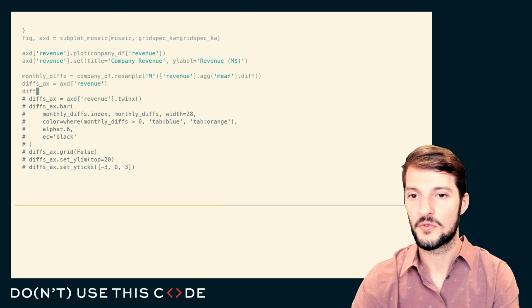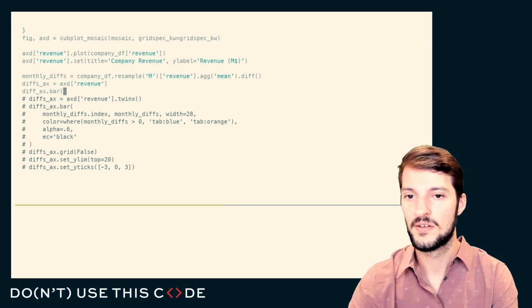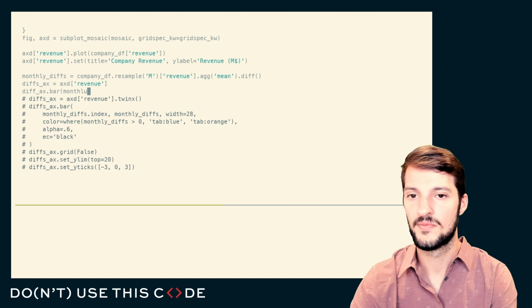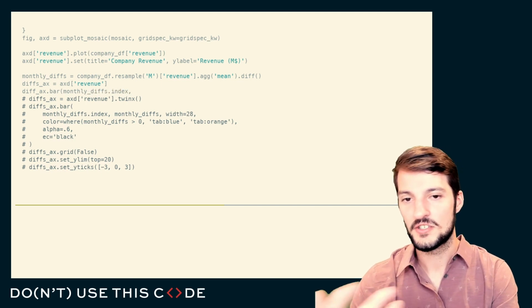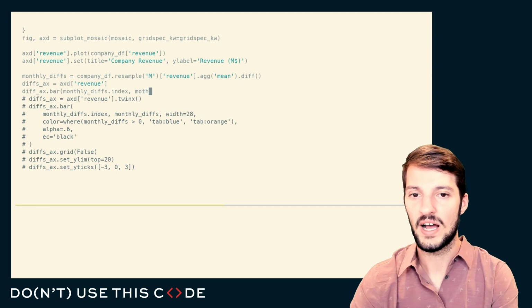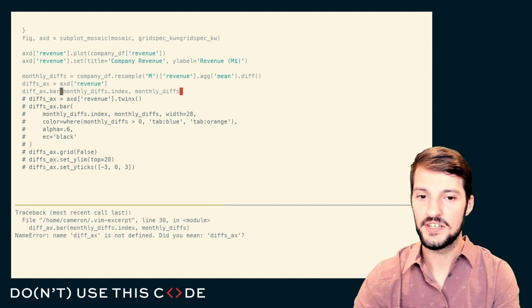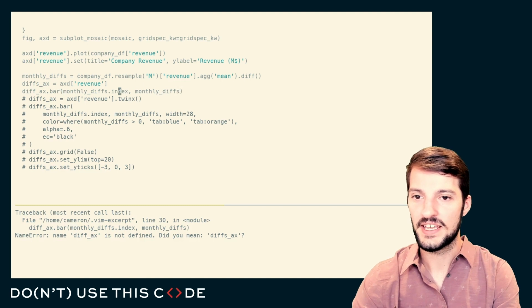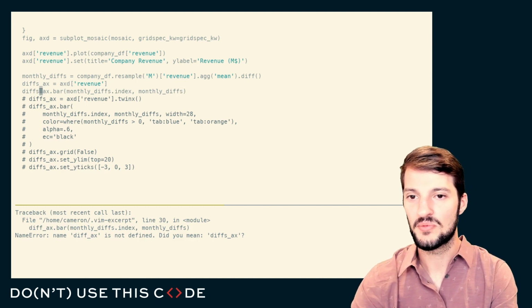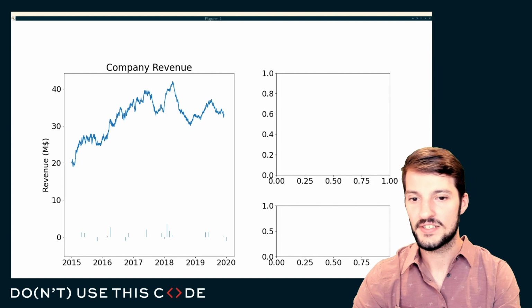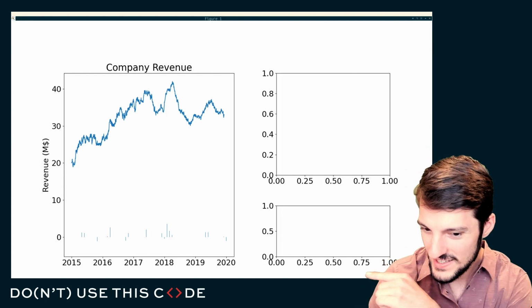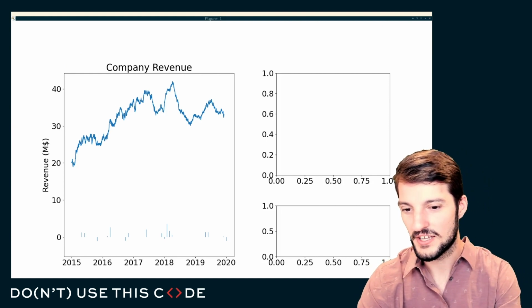And so I'll do that here for you. I just need to pass it the x and I pass it the y. And you can see here, diffs ax, I will be plotting a bar plot of all the differences. You can see them just right down there, just in the bottom of my plot here.